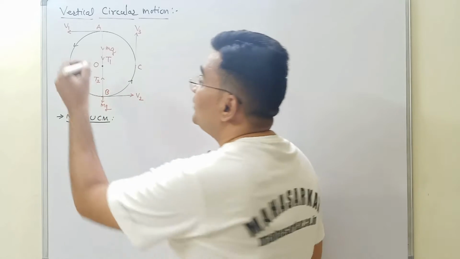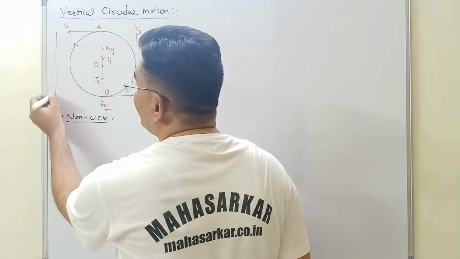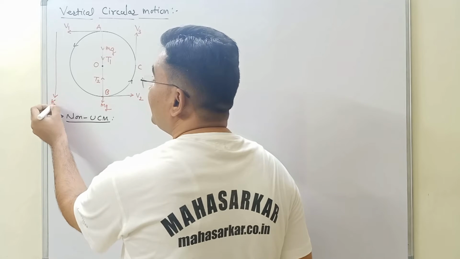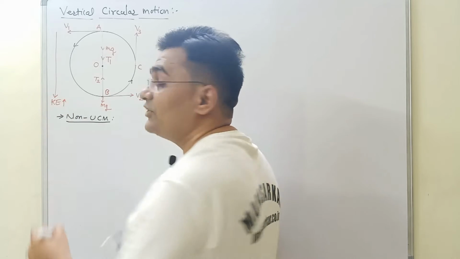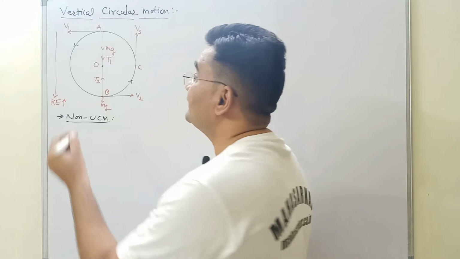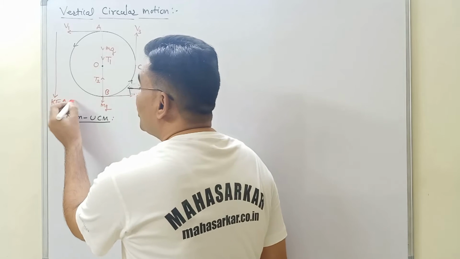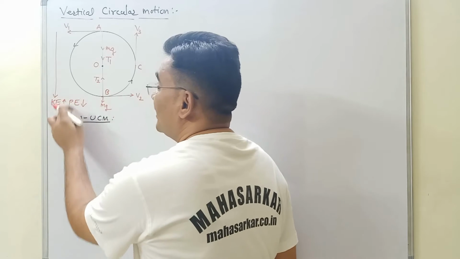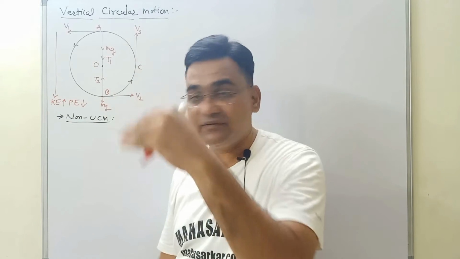Means what? When you are coming from point A to point B, your kinetic energy increases, but at the same time, potential energy decreases. These upward and downward arrows you consider as increases and decreases.